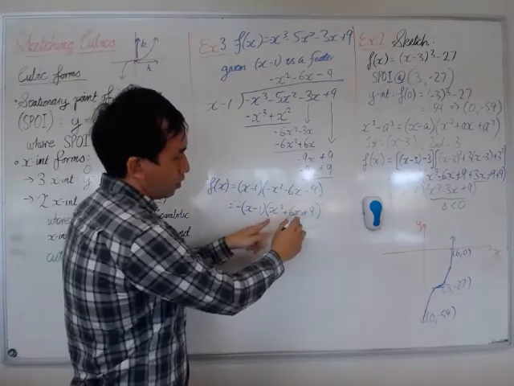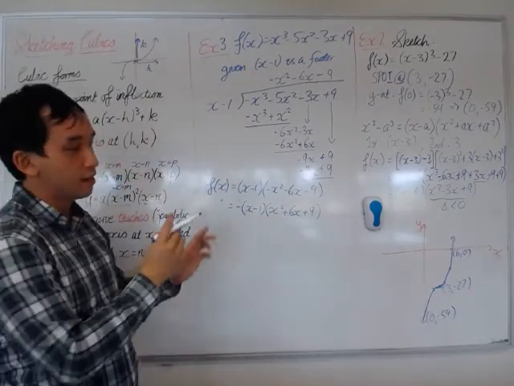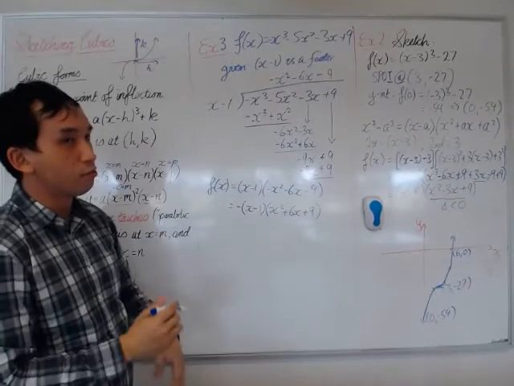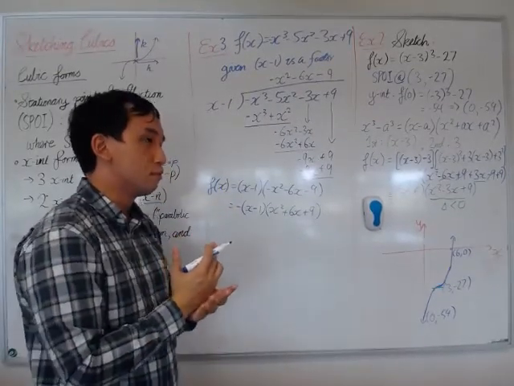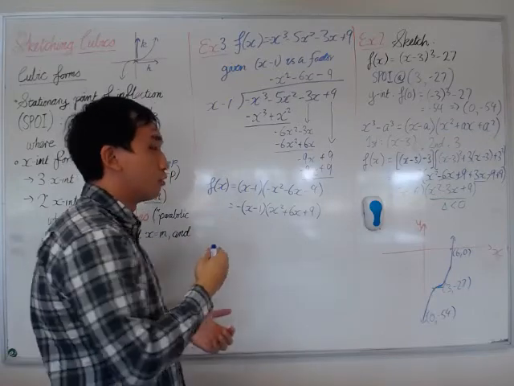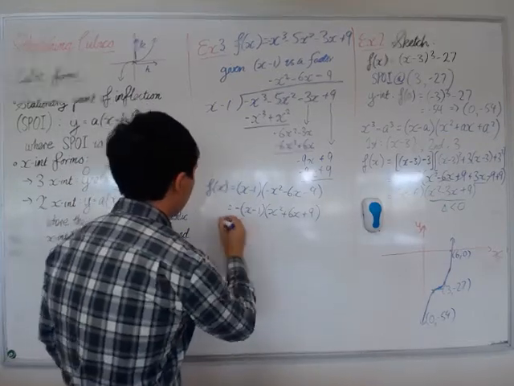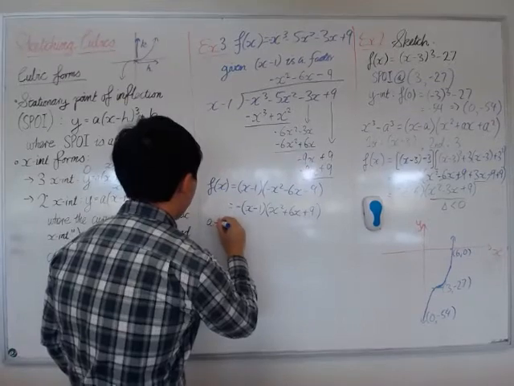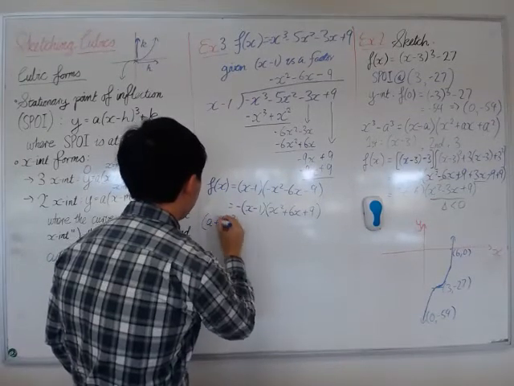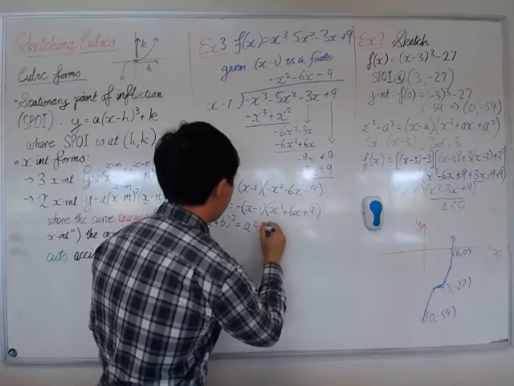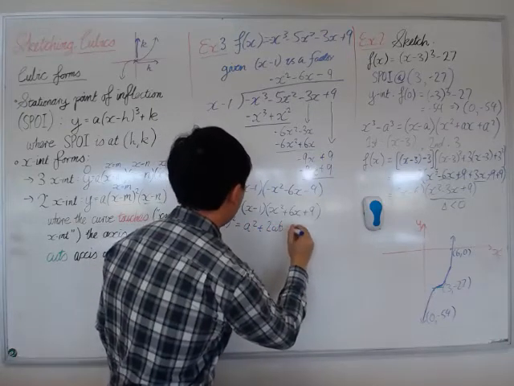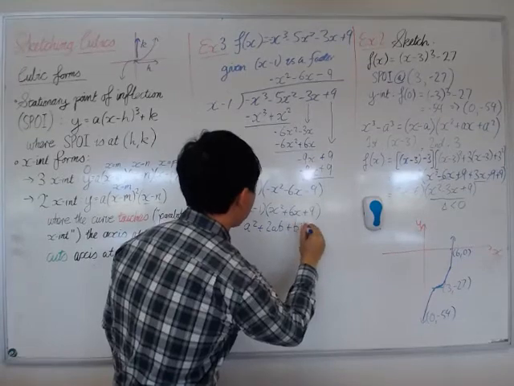now if you look over here, you can see that it's very easy to factorize this quadratic. We can just use the expansion of a perfect square. So if you have a plus b all squared, that is a squared plus 2ab plus b squared.